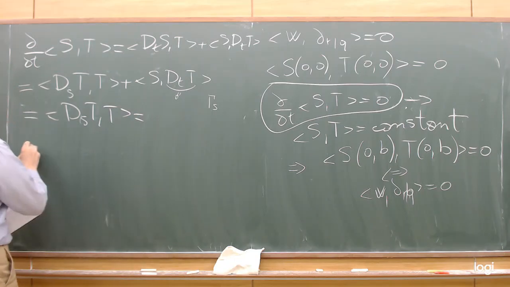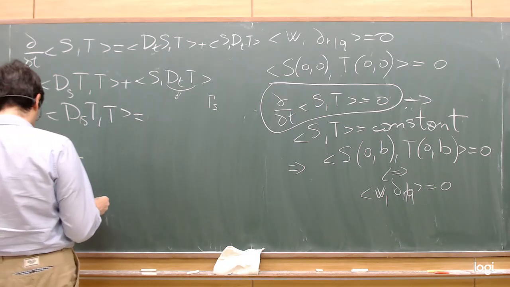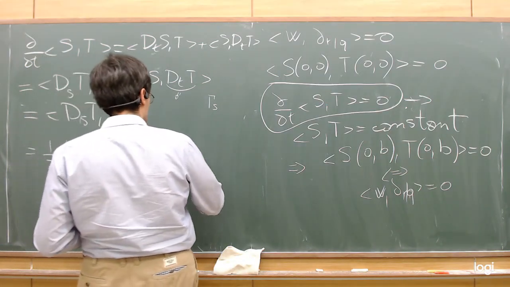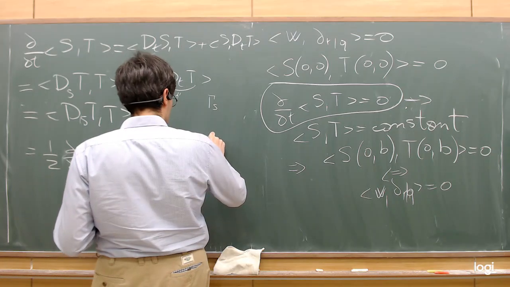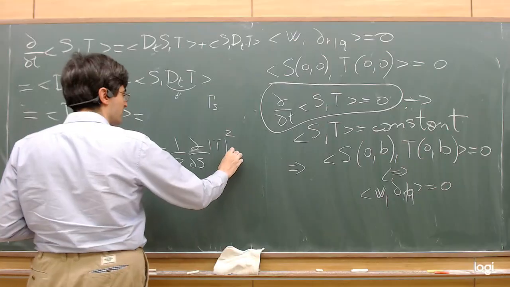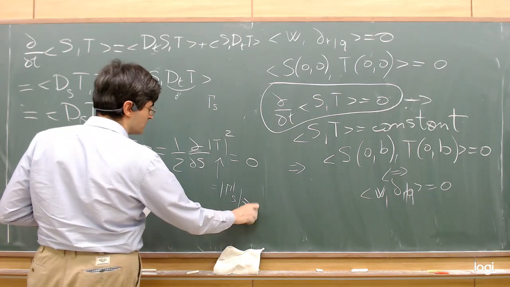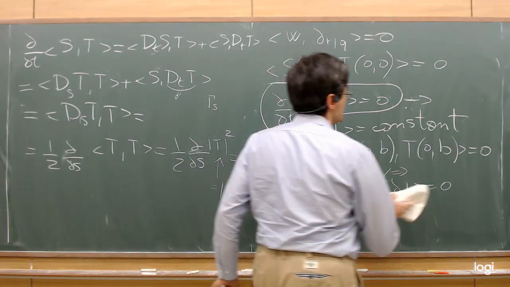And this can be written as 1/2 the derivative of this inner product, but this is 1/2 D/ds of the length of T squared, and this is 0 because this is equal to the velocity vector of gamma s, which is 1. So this is the end of the proof.